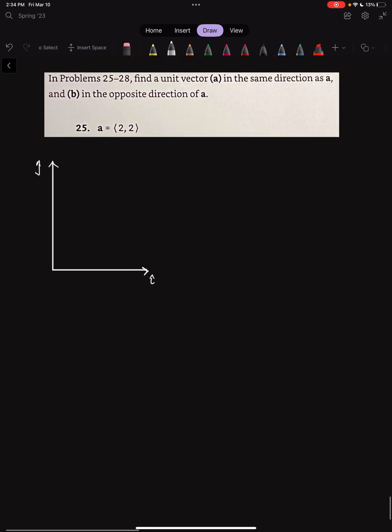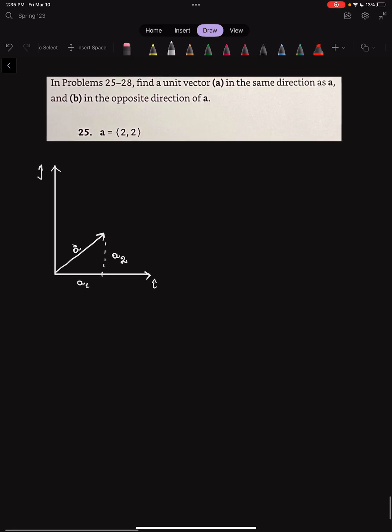And let's say we have this vector over here. If this is vector A, we would have the x component here, and then we would have the y component here. So if I want to make this 1, what I would do is divide by its magnitude, right?